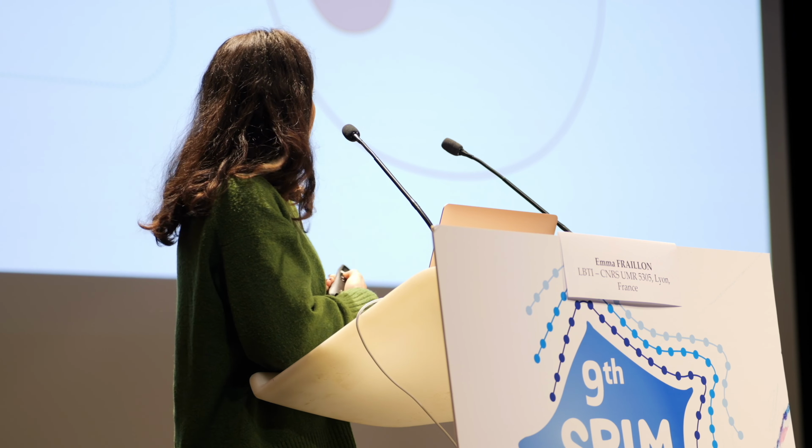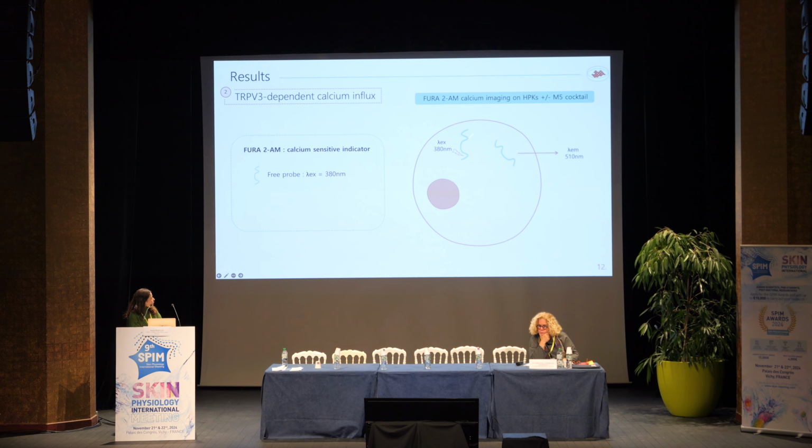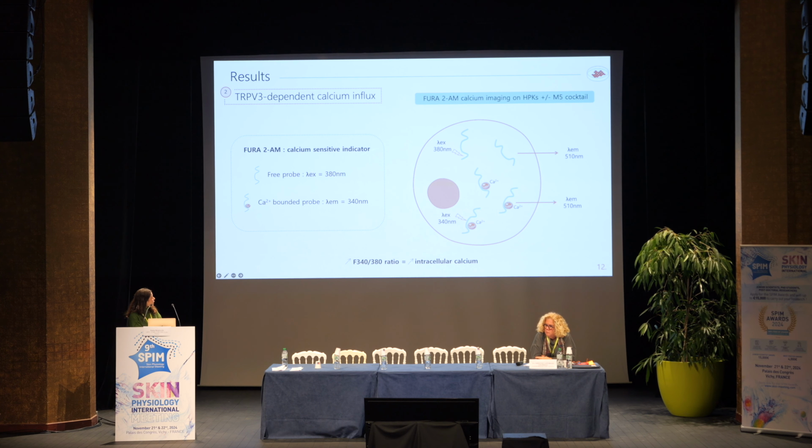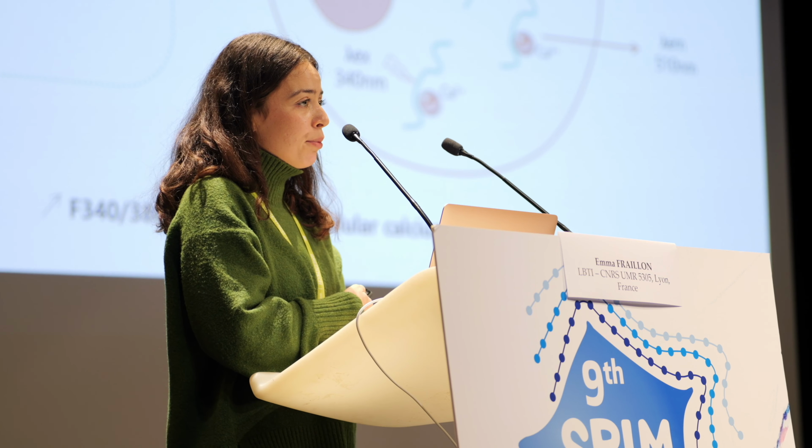So just to explain, Fura-2 AM is a calcium-sensitive indicator which can enter the cells. And it displays an excitation peak from 380 nanometers when the probe is free and not bound to calcium in the cells, to 340 nanometers when calcium enters and binds to the probe.